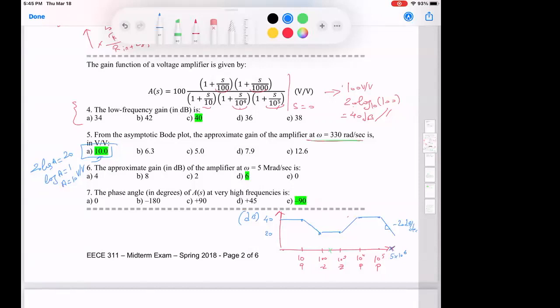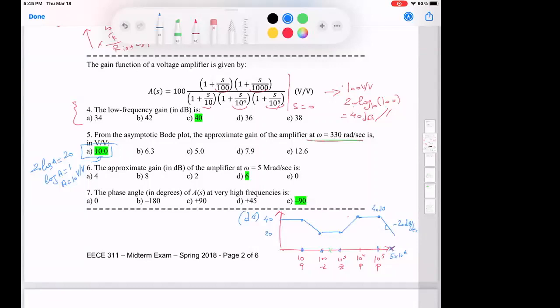Okay. If we calculate it, since these are all steps of 10 in the frequency, I'm losing 20, I'm remaining fixed, I'm gaining 20, I'm remaining constant. Up till here I came back to 40 dBs, right?